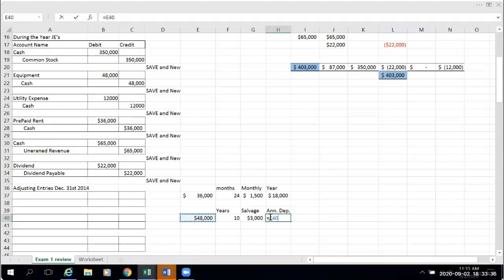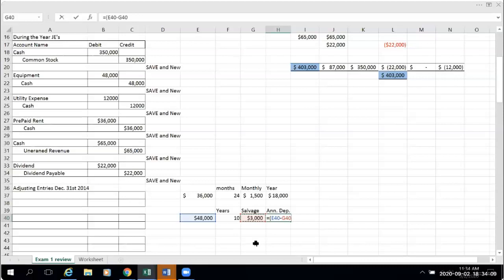Okay, so let's put a parenthesis in here so we can separate that. $48,000 minus $30,000, the salvage value that you're going to sell it after 10 years anyway. So that $30,000 will come back to you, so you don't need to depreciate that.